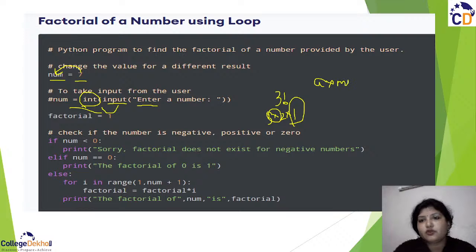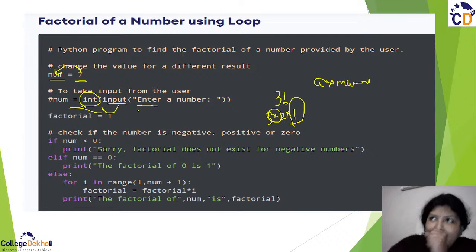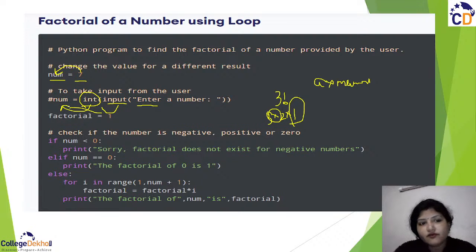No, because they both are characters. So we need to have some number for multiplication, to perform the multiplication operation. That's why if we have taken any number from the user, we have converted it into an integer, and then we have assigned it to the num variable, right?